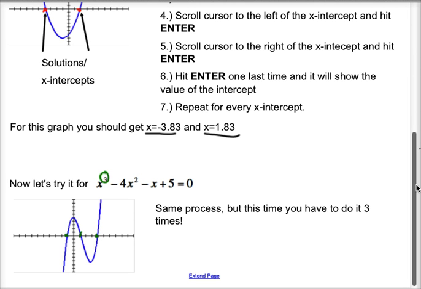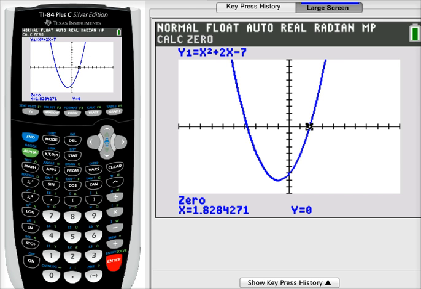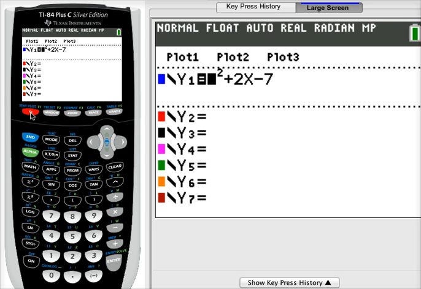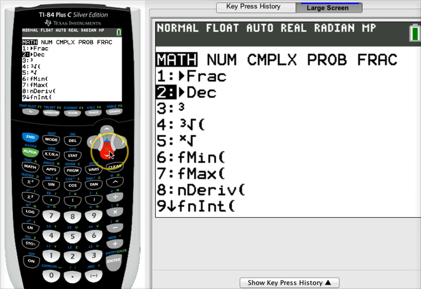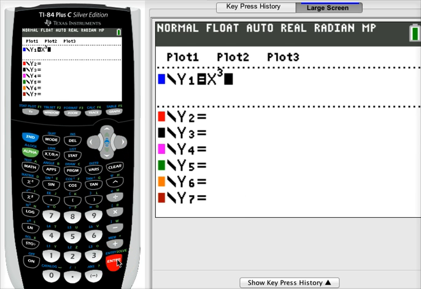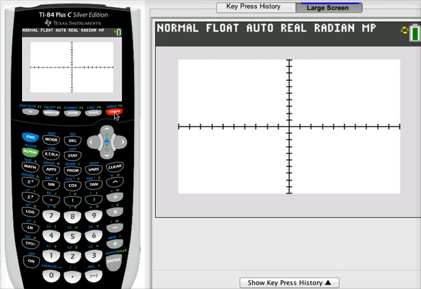So let's go back to our calculator and graph this one so we can find the zeros. I'm going to clear out that function. x cubed minus 4x squared minus x plus 5, graph.